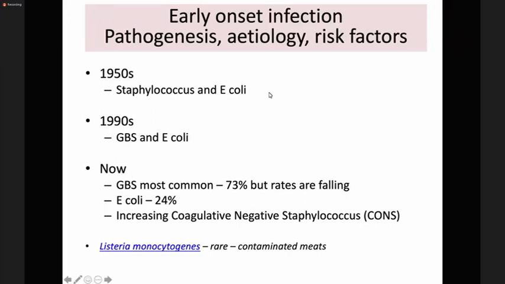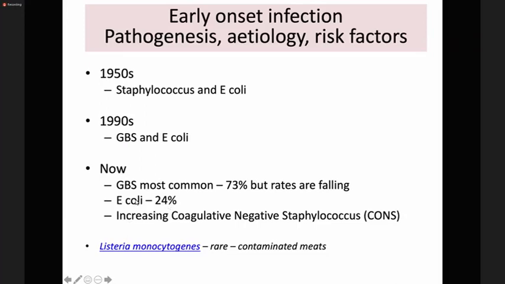E. coli is again fecal-oral contamination, right? So if we do our procedures in a more hygienic manner, the coliforms also get less. So with more and more development, group B streptococcus, which comes from the mother, becomes more predominant.